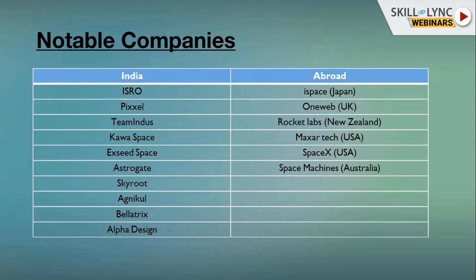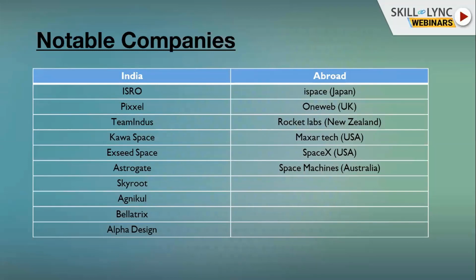Then there are companies which are making launchers, that is Skyroot and Agnikul. Bellatrix is one of the companies which has already demonstrated the electric thruster, the Hall effect thruster. Then Alpha Design is one company which is making satellites.